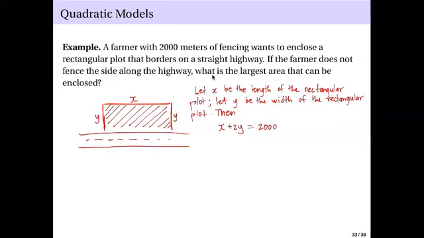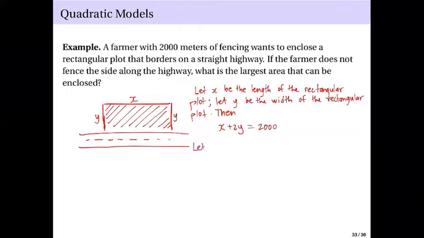So the question is, what is the largest area that can be enclosed? So this is your area, and you want to maximize this largest area here. So what we're going to do is to set up a quadratic model that will give us the area of this rectangular plot.